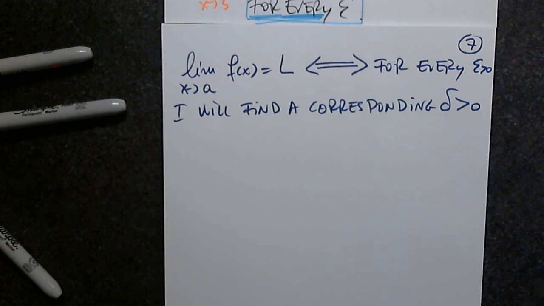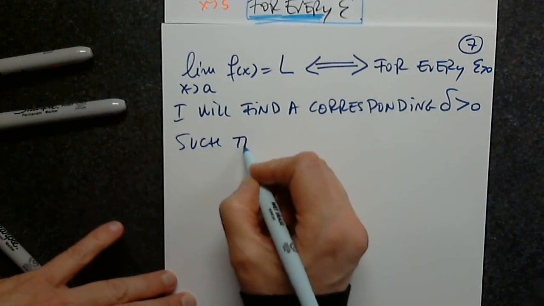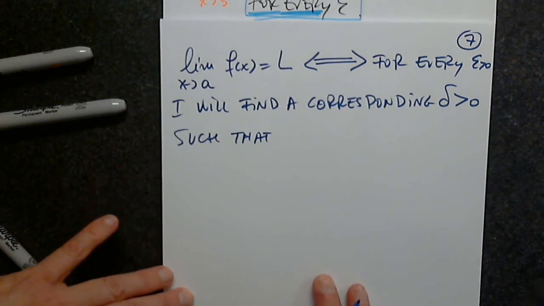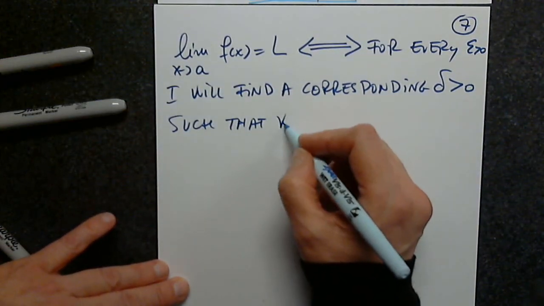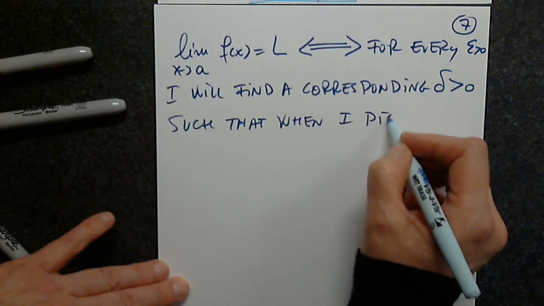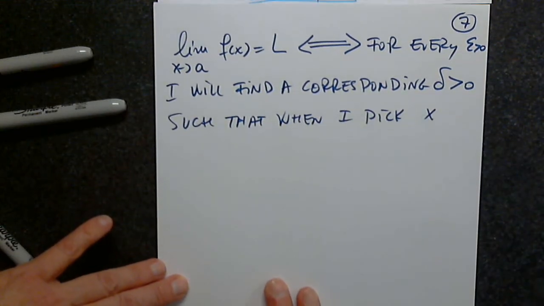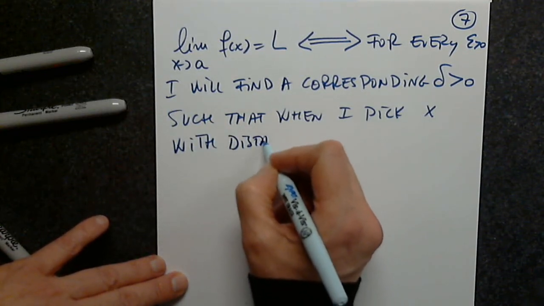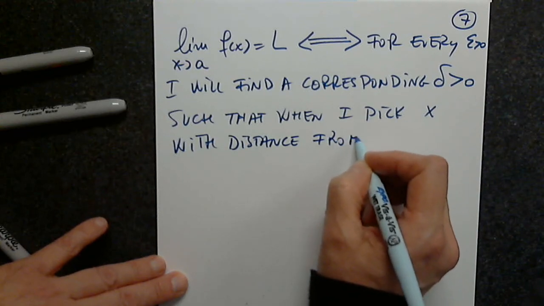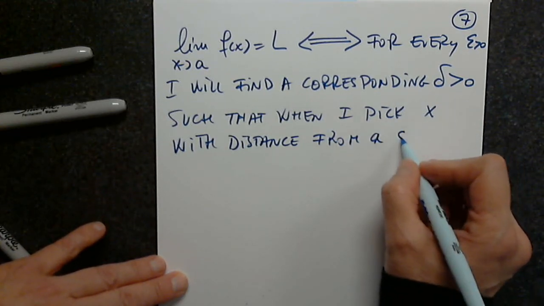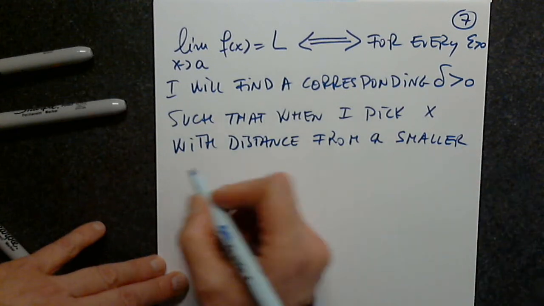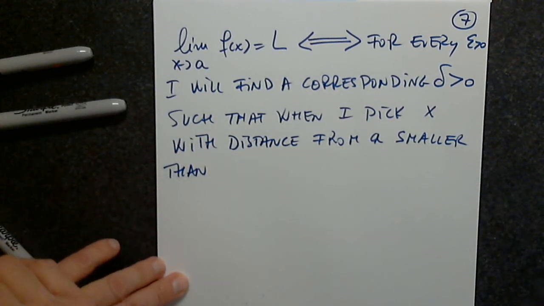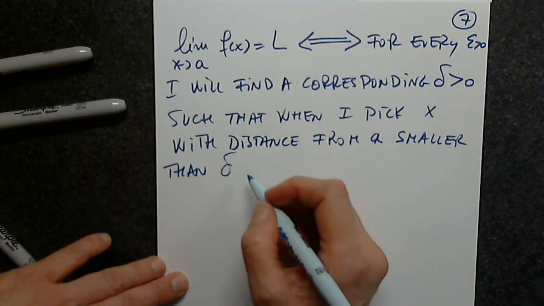So one more time, for every epsilon positive, I will find the corresponding delta positive such that when I pick x with distance from A smaller than what? Smaller than delta. Of course, thank you very much.